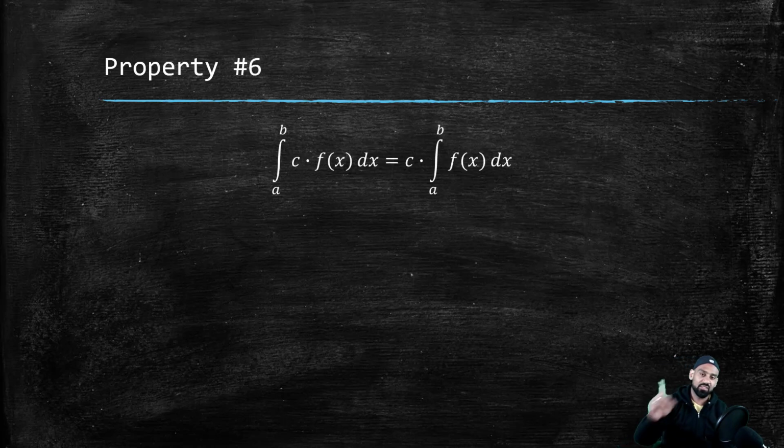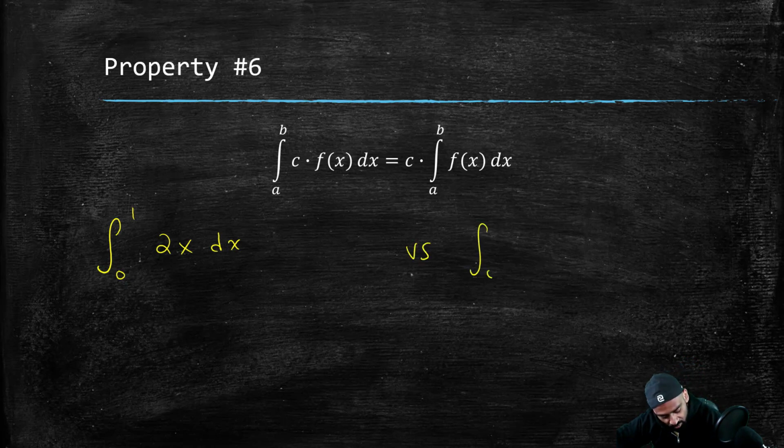Now, this one, property 6, is probably the most interesting because it basically says if you have a constant, you can factor it out. Okay, so why does that make sense? Well, because of rates of change. So, for example, let's say we're going from 0 to 1 of the function 2x. Well, and let's compare that to 0 to 1, but I want to double the function of x. Okay? Well, are they the same thing?